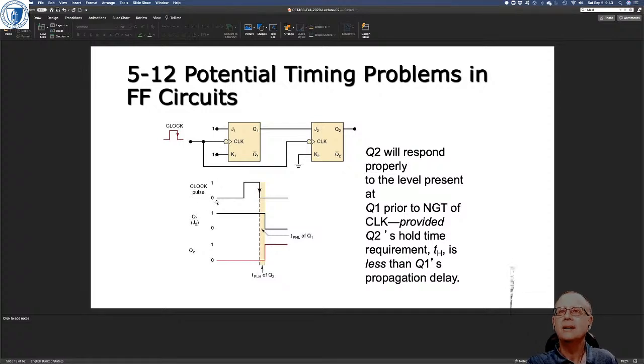So here's our initial state. Q1 was in state 1, Q2 was in state 0, and we have a negative going transition because we've got an inverting clock input. Here we get the clock pulse, and here's a little bit of transition delay from high to low.